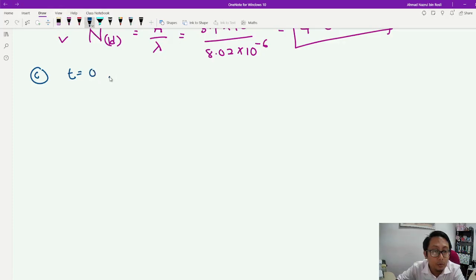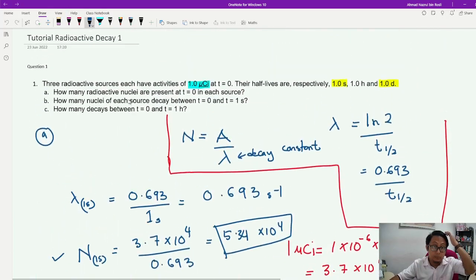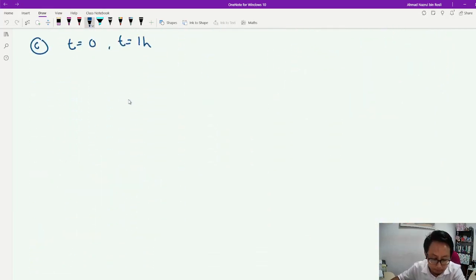Just to recap, N is equal to N naught exponential minus lambda t. Lambda is the decay constant, N naught is the initial quantity of radioactive nuclei, and N is the remaining quantity.